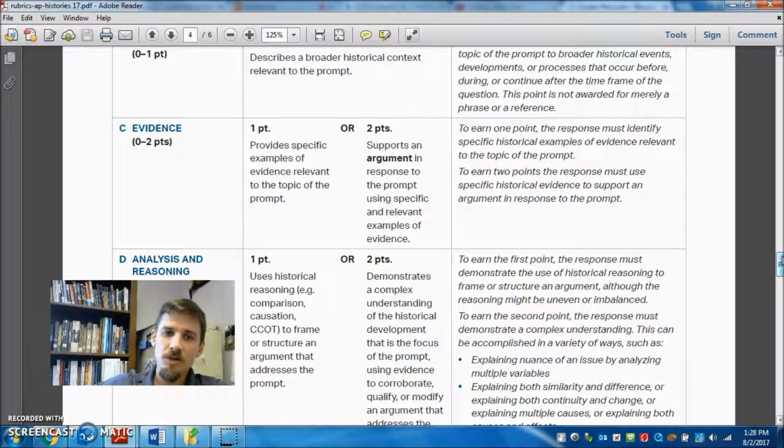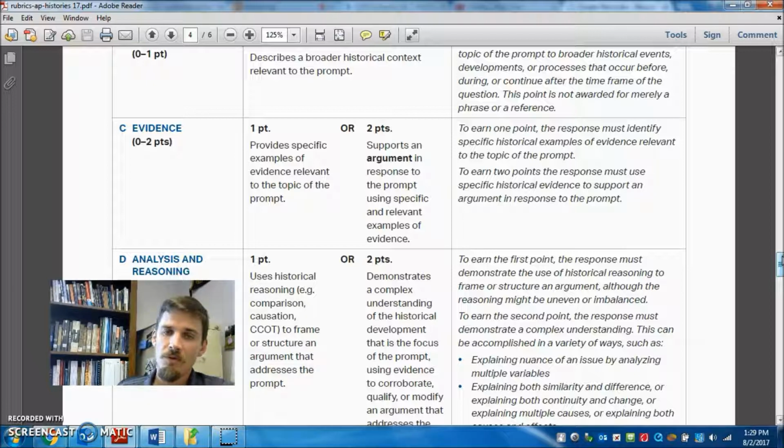Okay, now this is where the LEQ is a little bit harder because you don't have documents to refer back to. Okay, so you have to provide specific evidence. So again, you're talking about either people or events, whatever historical evidence in order to support your claim that you're making with the prompt.